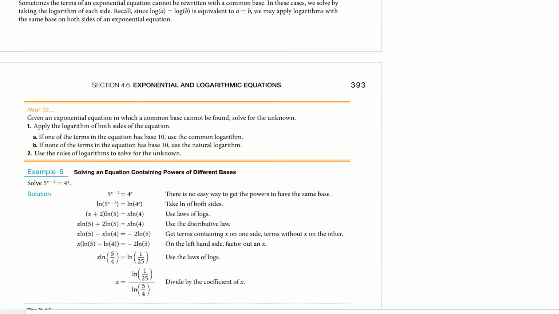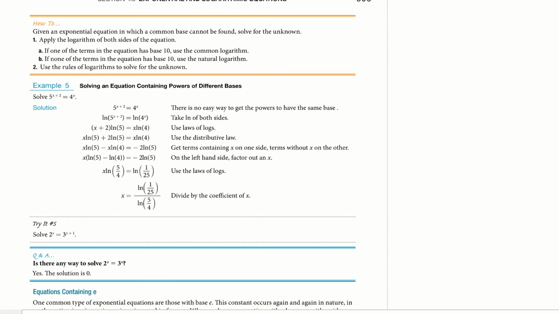So we can sometimes solve these exponential equations using logarithms, especially if we cannot find a common base. This is your book's example. I will do number 5. So we have 2 to the x equals 3 to the x plus 1.